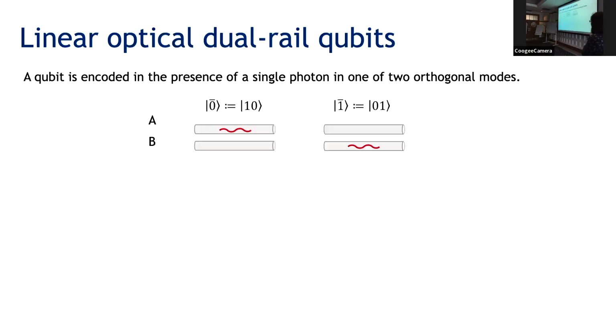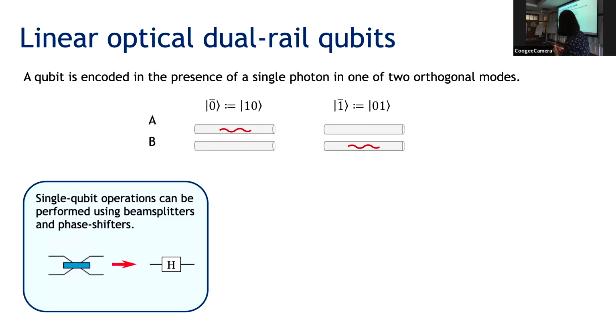So what are linear optical dual rail qubits? It's basically that the qubit is defined by which mode a photon is in. So if you have two modes, if the photon is in mode A, you call it qubit 0, and if the photon is in mode B, you call it qubit 1. The nice thing about dual rail qubits is that single qubit gate operations are essentially free in linear optics.